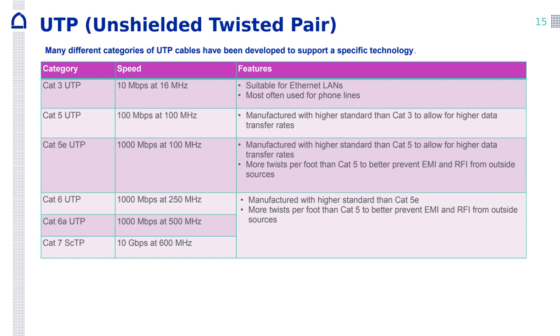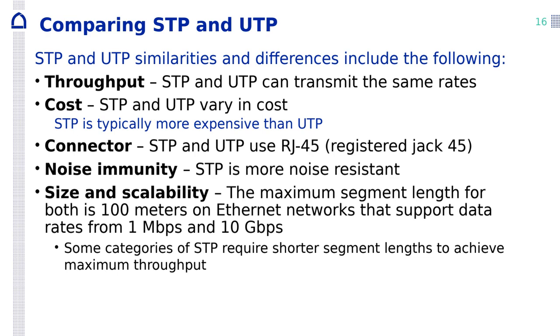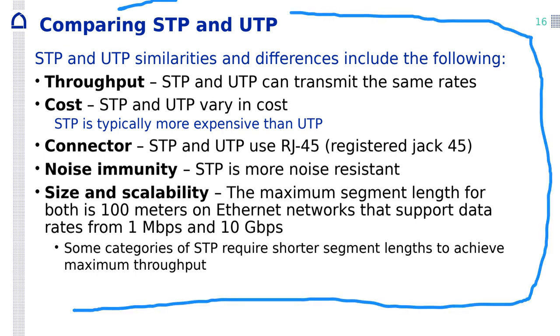Now we have Cat7, which can carry up to 10 giga. This is the comparison, a very important comparison, always coming. Very important slide. All right, comparison between STP and UTP.